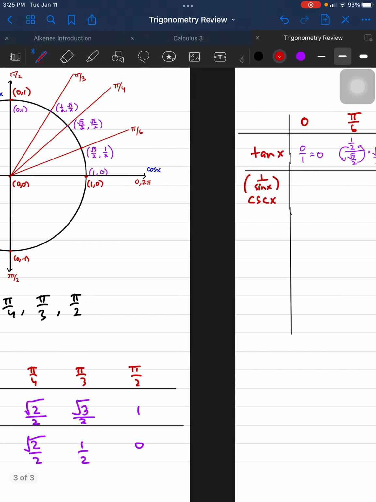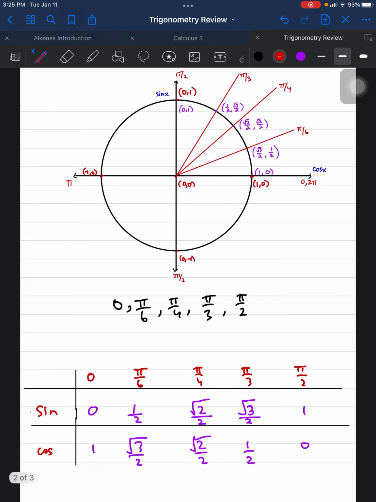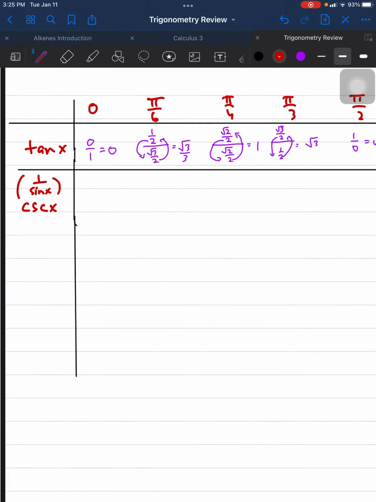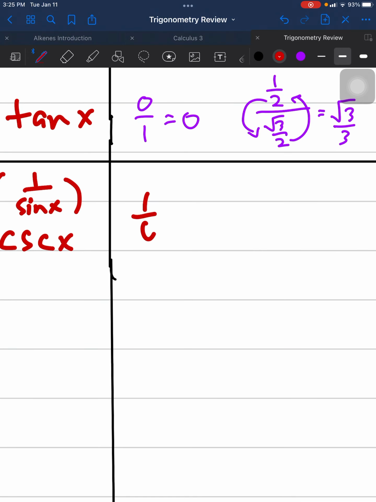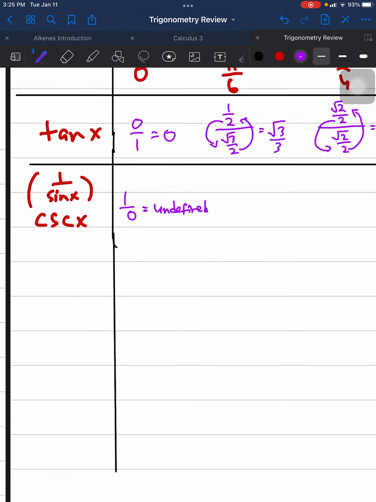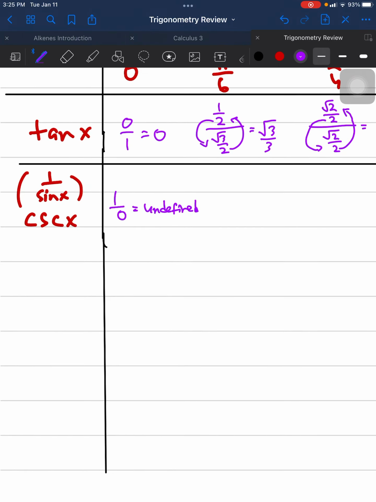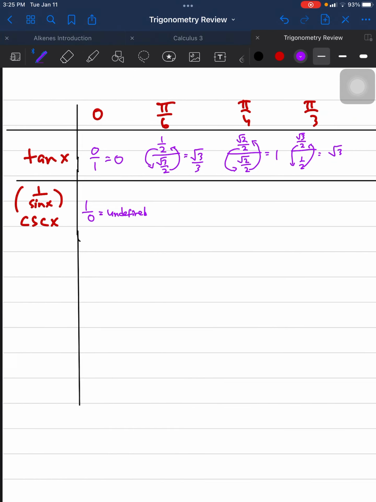When the angle is 0, sine is equal to 0. So 1 over 0 here once again is undefined. That means that at the angle of 0, cosecant is undefined.